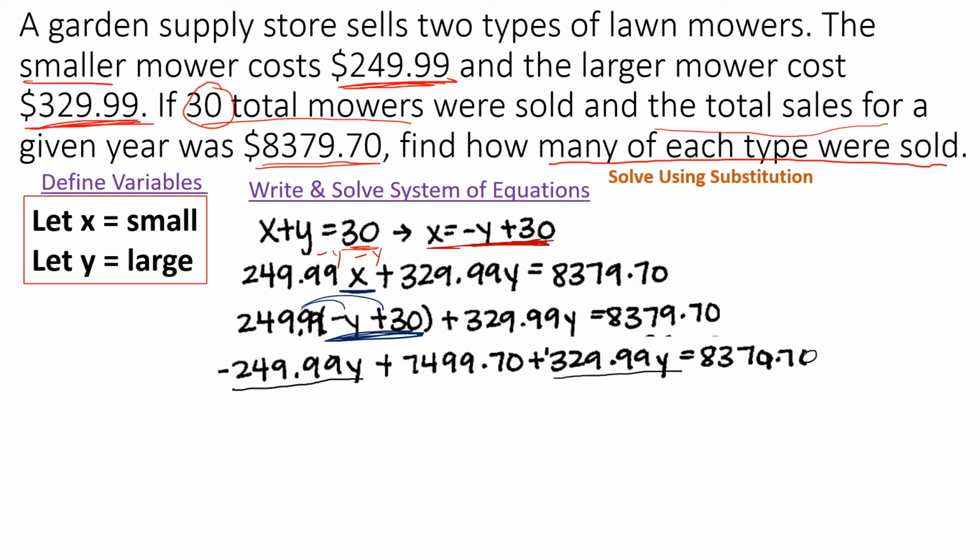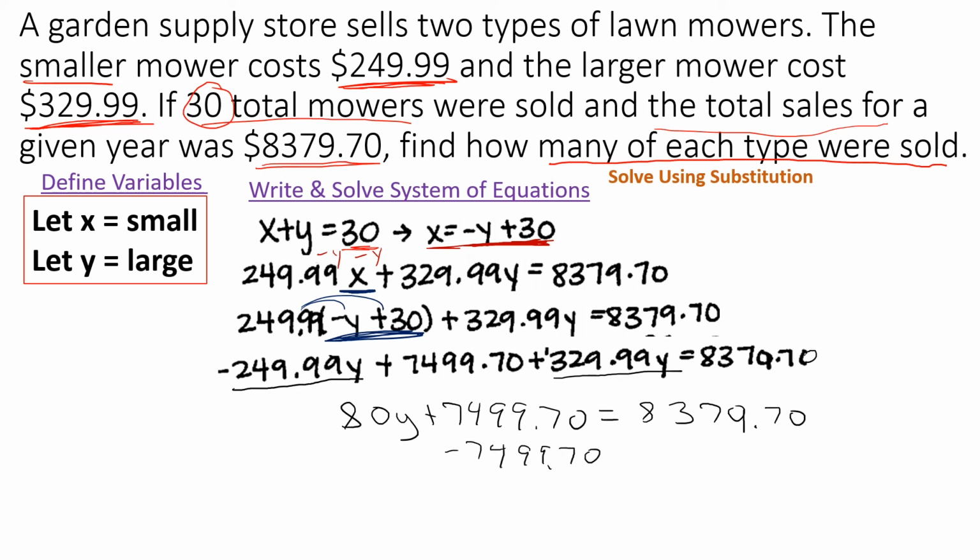When I combine those, I get 80y. Alright, and then that's going to be plus 7499.70 is equal to 8379.70.